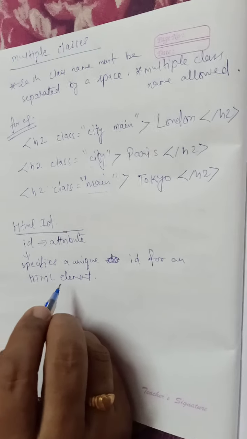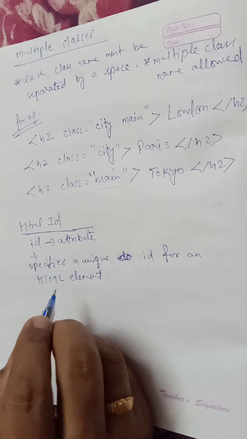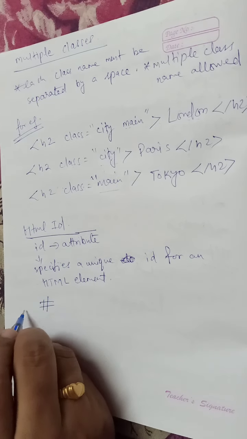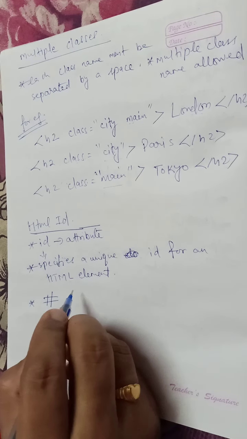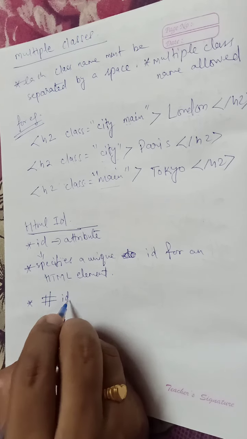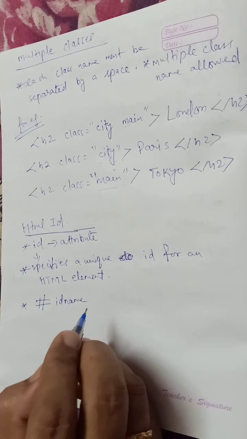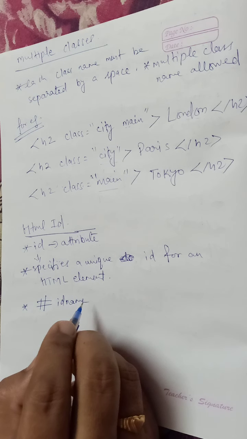Now in CSS, to select an element with a specific ID, we write a hash followed by the ID name. Let's discuss an example.